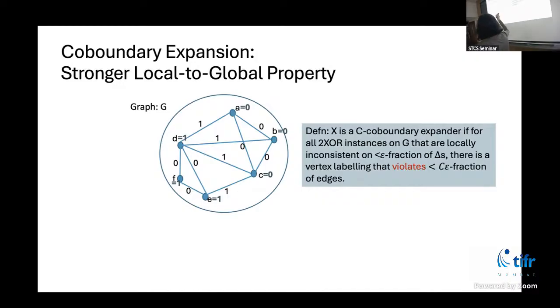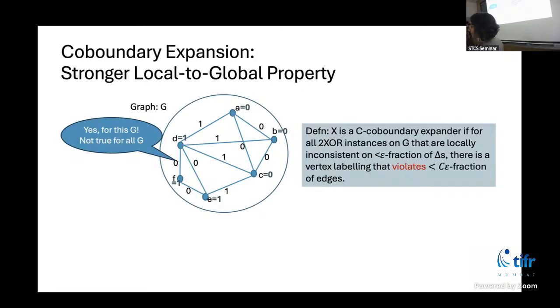This definition is more interesting, I feel, because usual expansion is very spectral. Of course, it's not true for all G. Just solving 2 XOR on a given graph is not an easy problem.